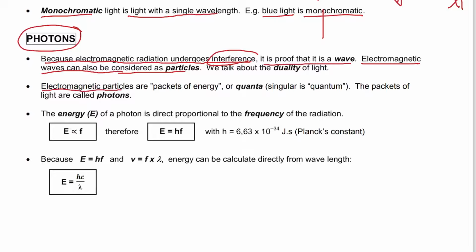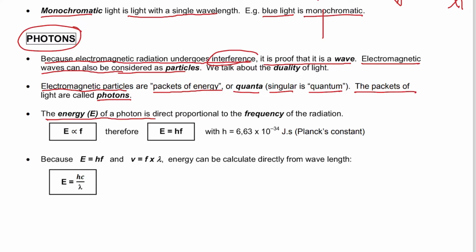Electromagnetic particles are packets of energy, which we call quanta, or quantum in the singular. The energy packets we call photons. When we talk about photons, we talk about energy packets, particles of energy, right?